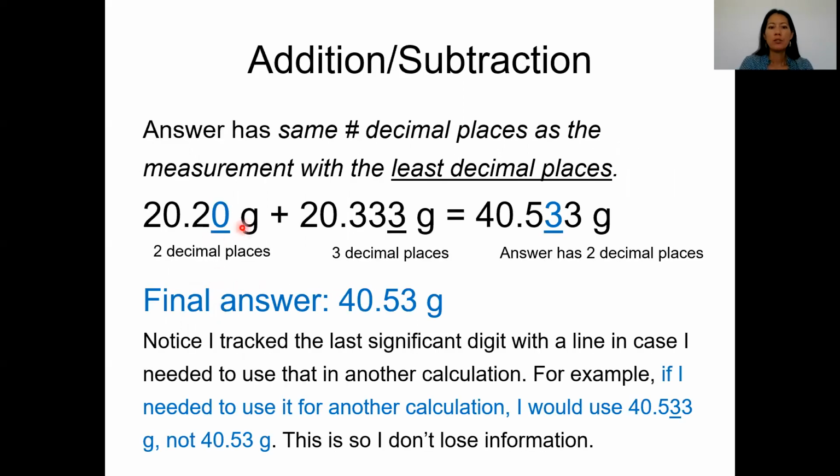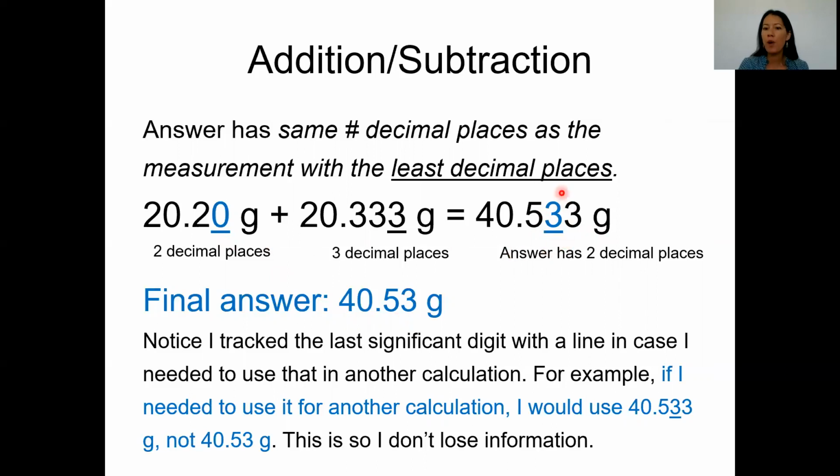So here I show it, 2 decimals, 3 decimals, you add them up, you get 40.533. I write out all the digits, or a couple, after what I think might be the last significant figure. And my answer will have 2 decimal places, the one with the least decimal places. So my final answer is 40.53.